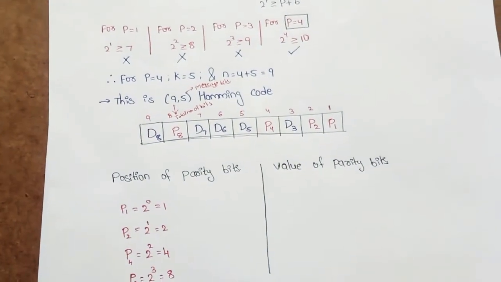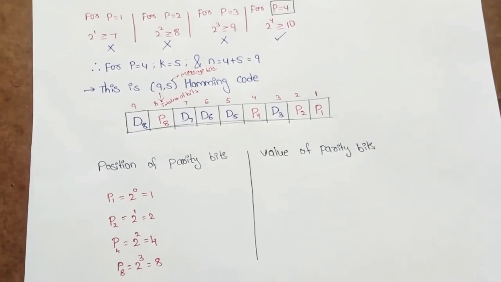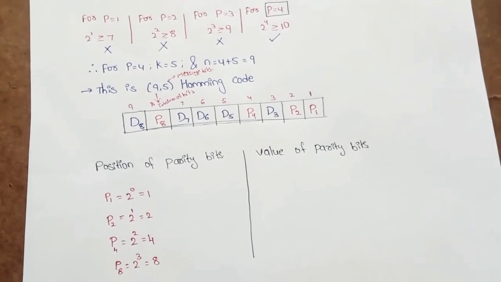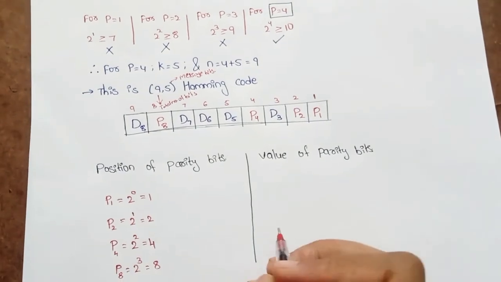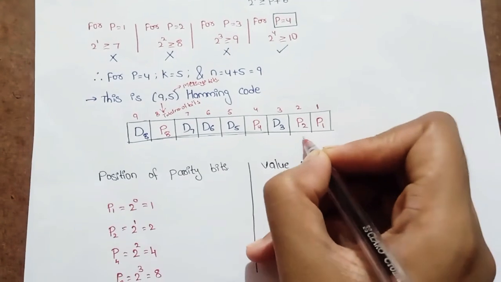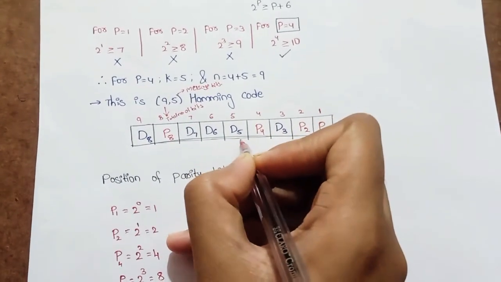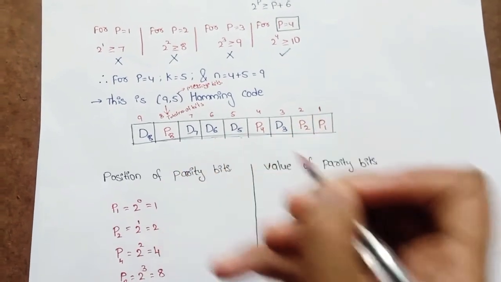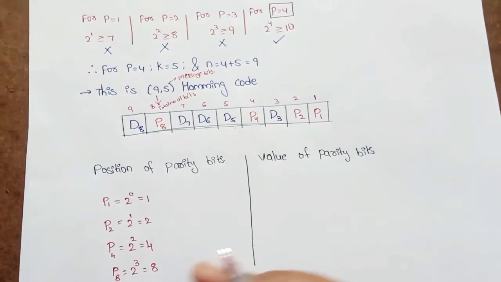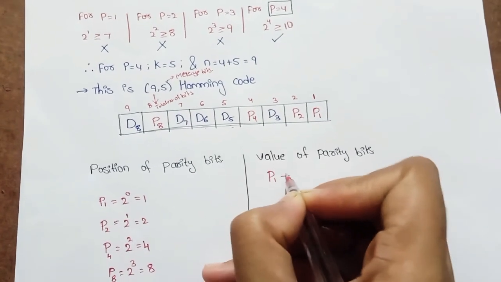For finding the value of a parity bit, we will do check one bit, skip one bit, check one bit, skip one bit, check one bit, skip one bit. We need to do like this for the first parity bit value finding.